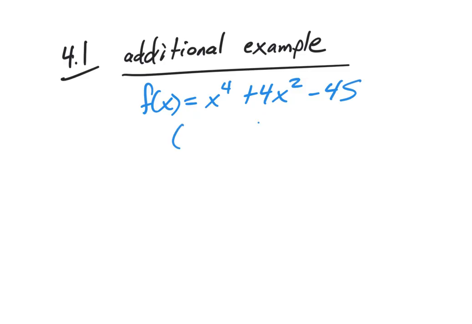And so what we're going to look at is product and sum would work here, but it's going to be a little bit different than the one we did yesterday. So if I look for what multiplies to get negative 45 and adds to get 4, we would get a positive 9 and a negative 5.